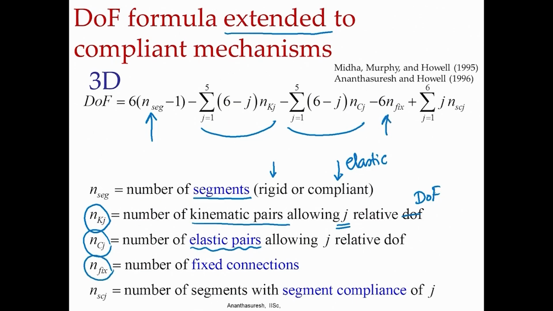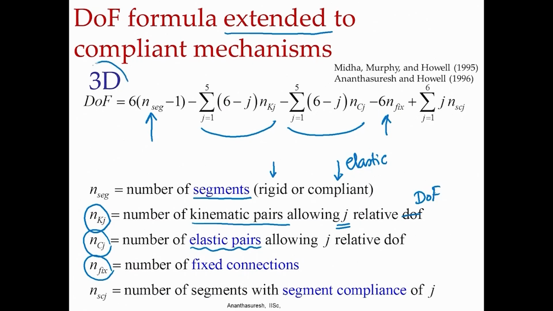N fix is the number of fixed connections. You may wonder why we need to include it, but there will be cases in compliant mechanisms where the elastic segment is attached like a cantilever connection to a rigid one, or two elastic segments can be connected to each other using this fixed connection. The fixed connection is one that does not allow any relative degrees of freedom between the two bodies, or two segments in this case, and each such thing will remove 6 degrees of freedom.